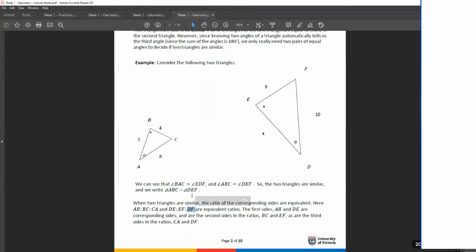Put a little bit more simply with fewer words, this 5 between the angles here is going to match with this X. This 8 is going to match with 10, and this 4 is going to match with Y in some way or another based on the ratios of the 3 sides. And we're going to take a look at that in just a moment.